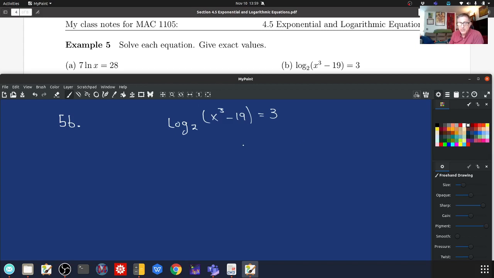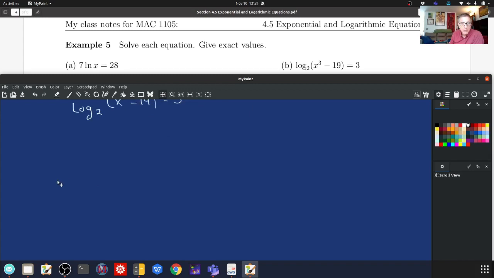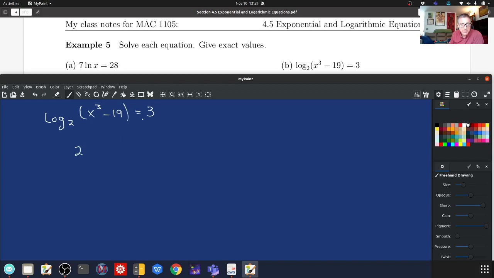So here we'll do it 2 ways. How's that? We'll do it by definition. So by definition, this means 2, that's my base, to the third power is equal to x cubed minus 19. But 2 to the third power is 8. So 8 is equal to x cubed minus 19.